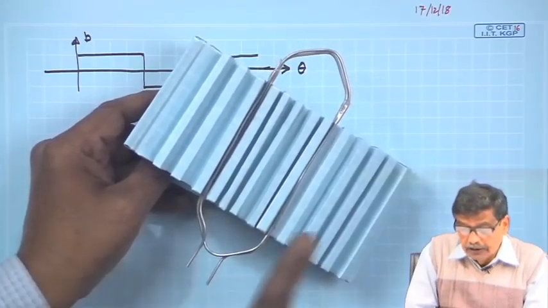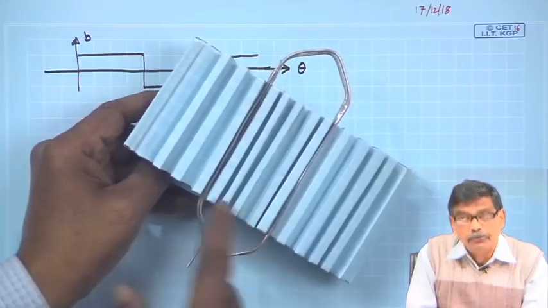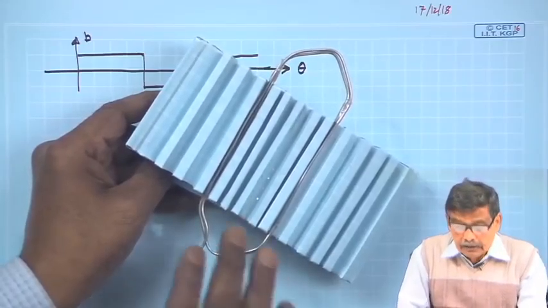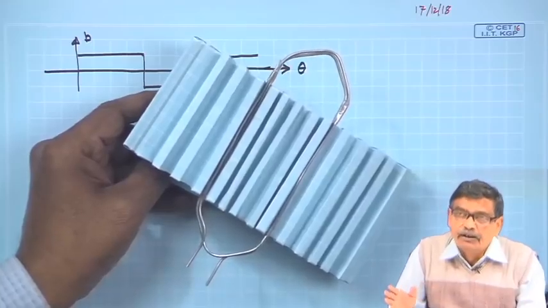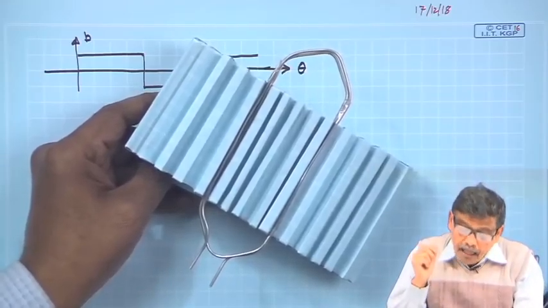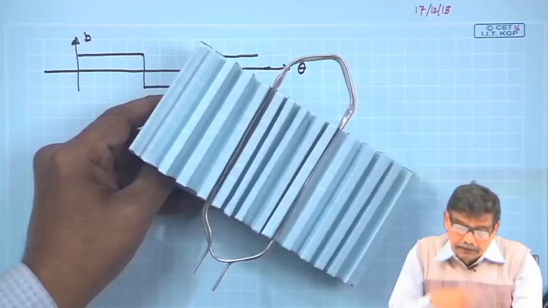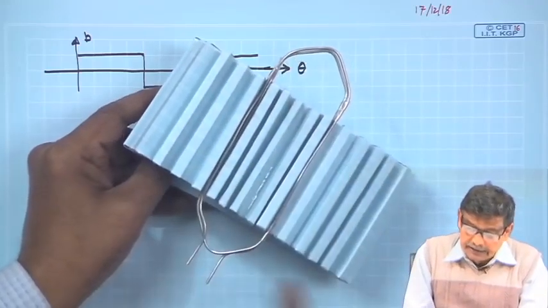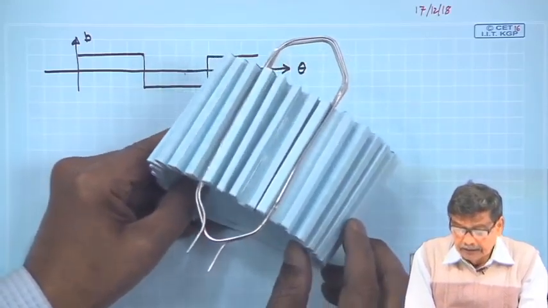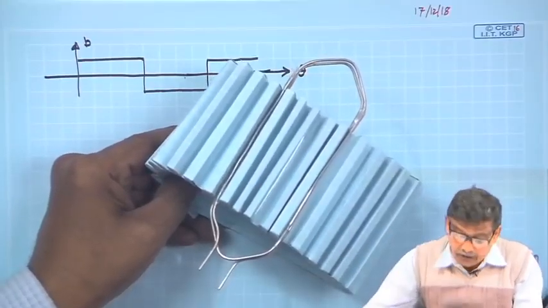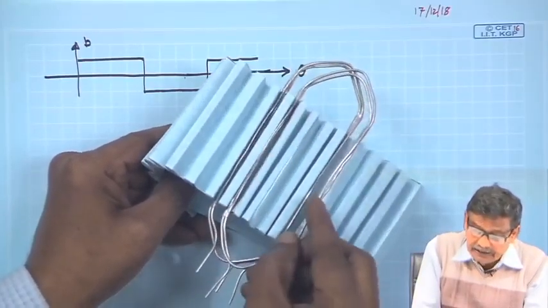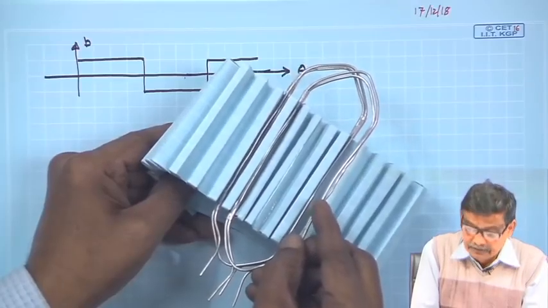If it is rectangular, this voltage too will be rectangular. If the B distribution is sinusoidal, that will also be sinusoidal. Another point I want to make regarding this arrangement is that this is how different coils will be placed in their designated slots.